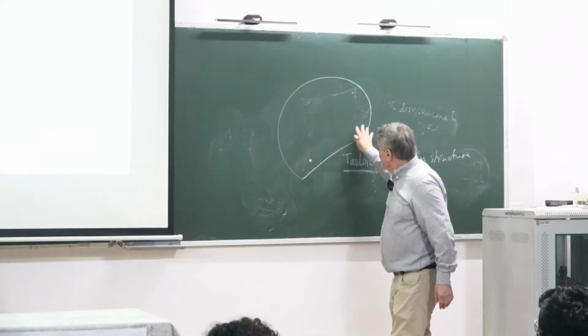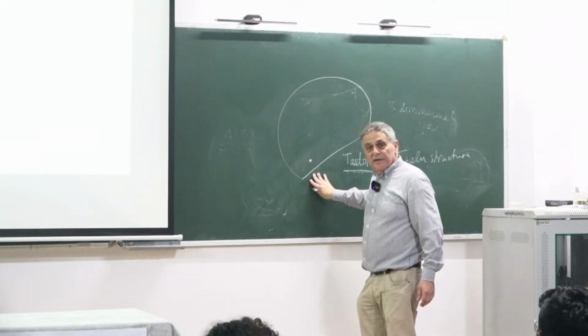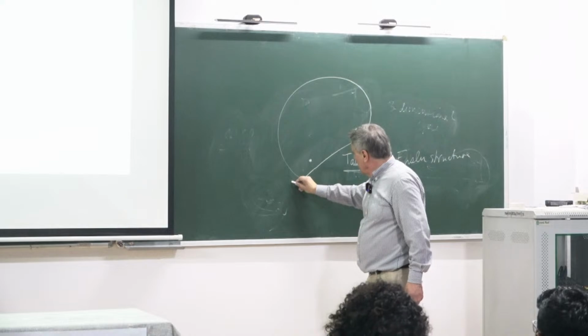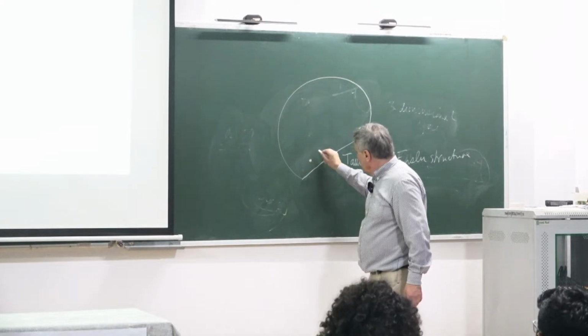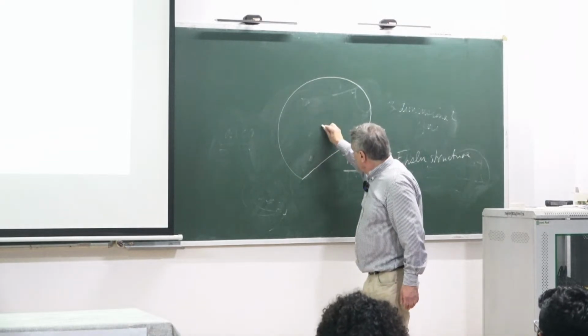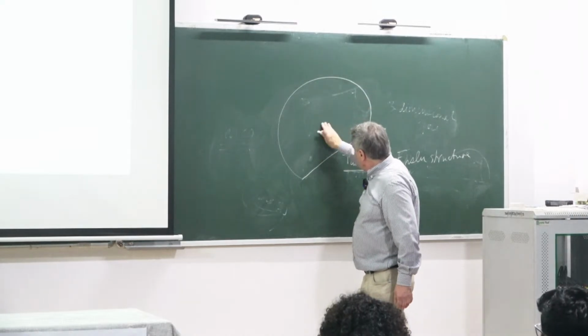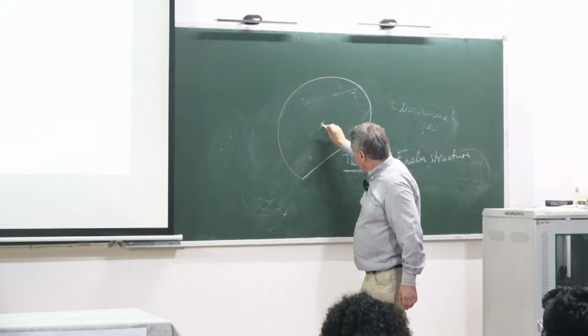I take the same convex set as here, but centered at this point. At this point, the tangent at this point, which is this center, more or less, I take this convex set.